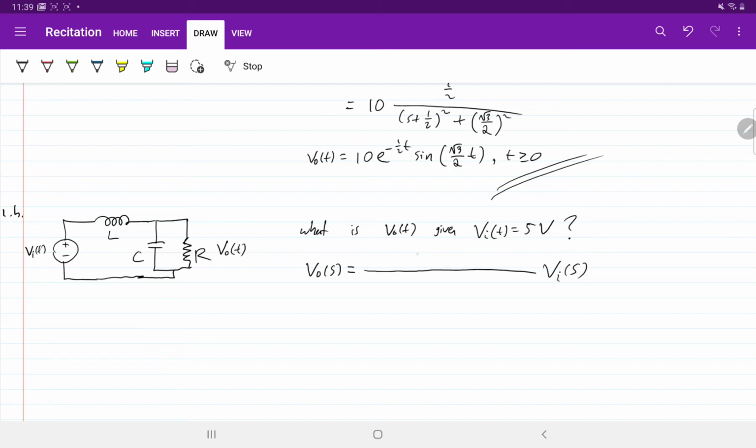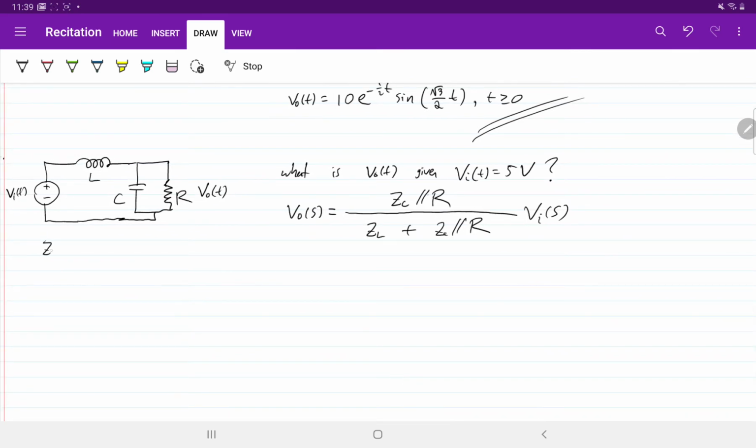So it is ZC parallel with R over the total impedance. So it is ZL plus ZC parallel with R. But ZC parallel with R is ZC times R over ZC plus R. So you should remember this equation for a parallel circuit.